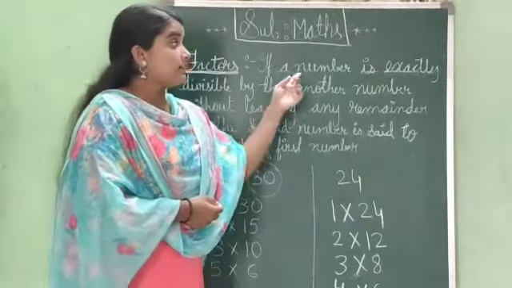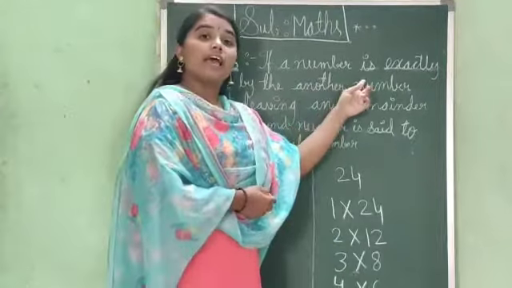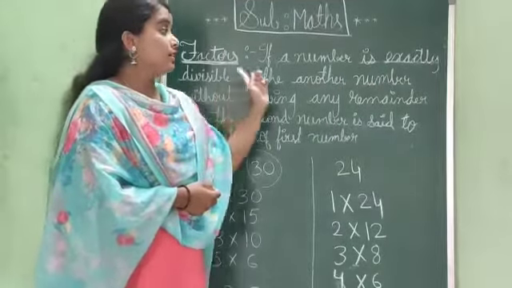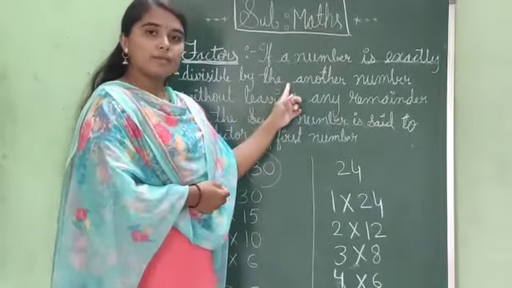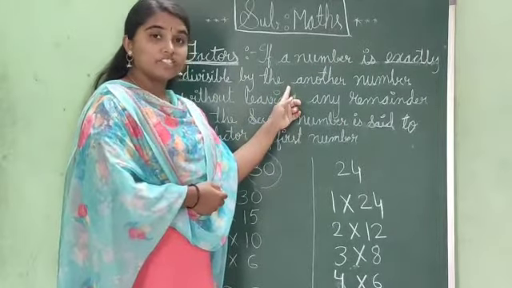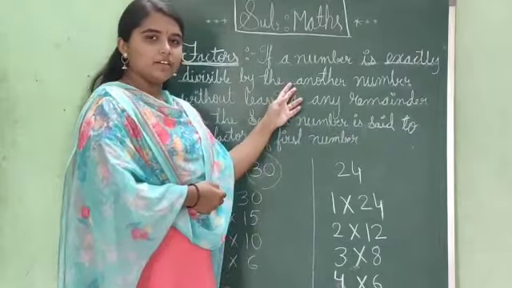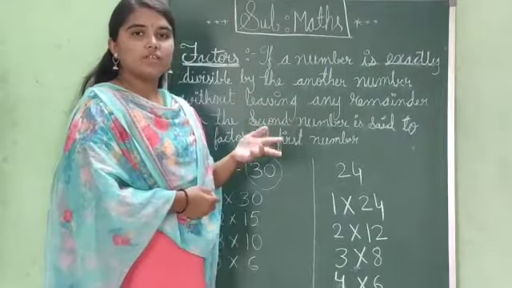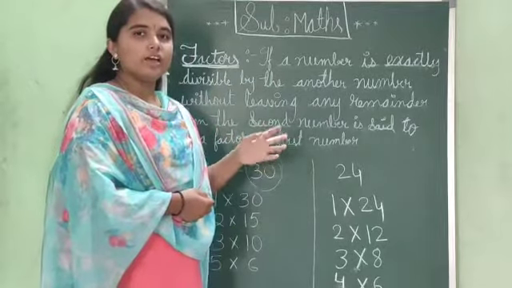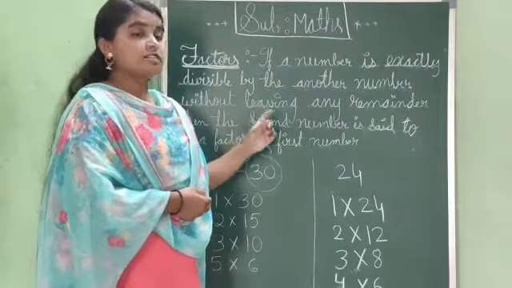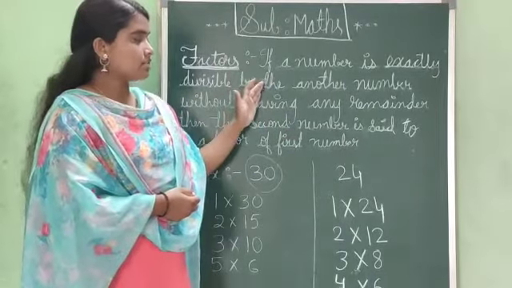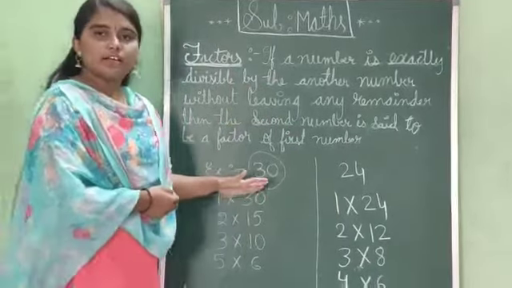What did they say? A number is exactly divisible by another number. Then it should not leave a remainder like 2, 3, 1. It should be 0.